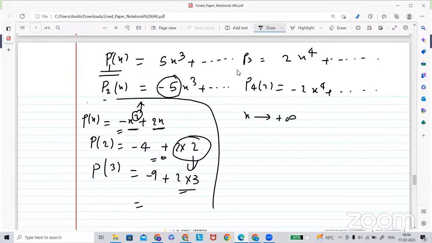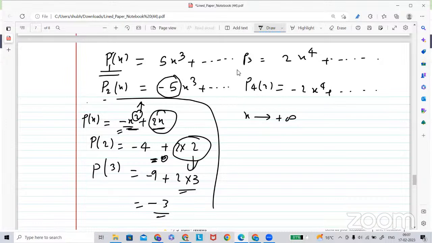If it is minus x square, then here it is making 0 and here it is minus 3. Then you can see the effect. If the coefficient is negative, whatever the value is here, it is independent compared to this one. It totally depends on the sign of the highest degree coefficient.